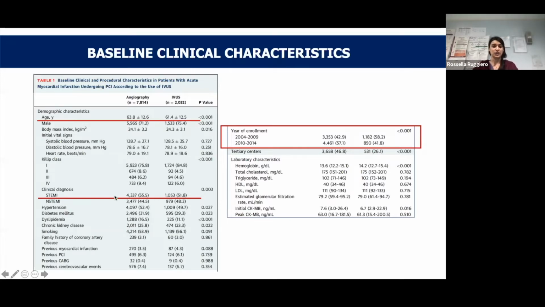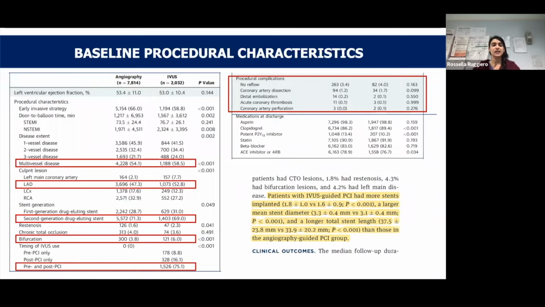Half of the patients were admitted for STEMI. And interesting, in my opinion, is the fact that the enrollment in the IVUS-guided PCI group was much higher in the first 5 years, from 2004 to 2005, compared to 2010 to 2014.